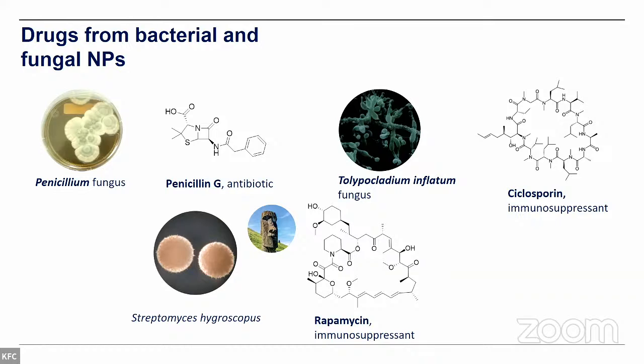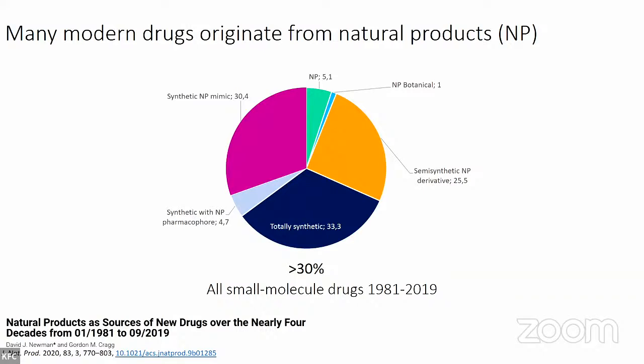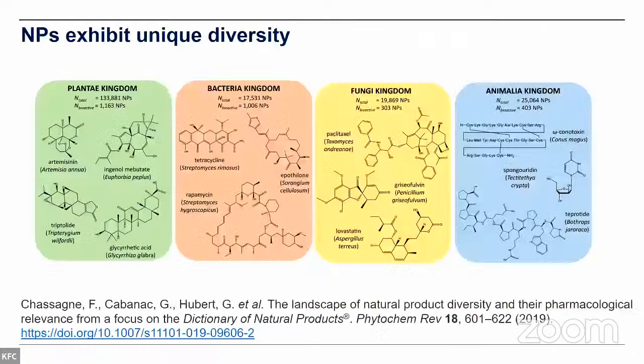So if we look at the statistics from the 80s to 2090, we see that more than 30% originate from natural products. They are either natural products derived, semi-synthetic derivatives, etc. And it is very well explained because we have this huge variety across the kingdoms of structures and scaffolds.